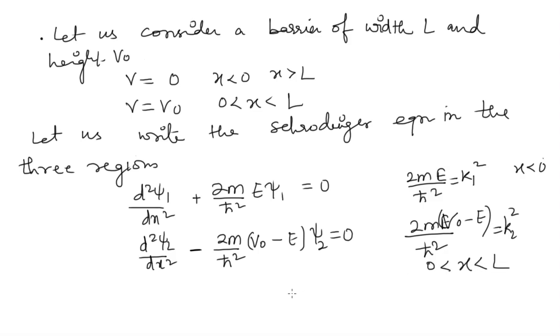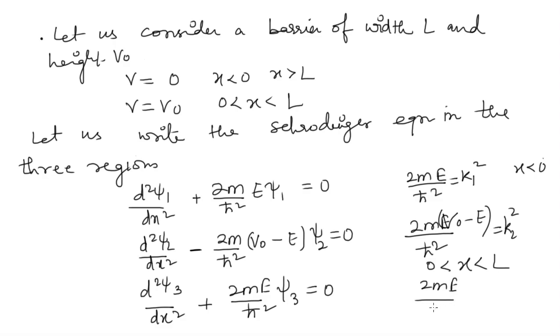Then again in region 3, I get the same as psi 1: d2 psi 3 upon dx square plus 2mE upon h cross square psi 3 is equal to 0. Again 2mE upon h cross square is equal to k1 square, for x greater than L. Great.